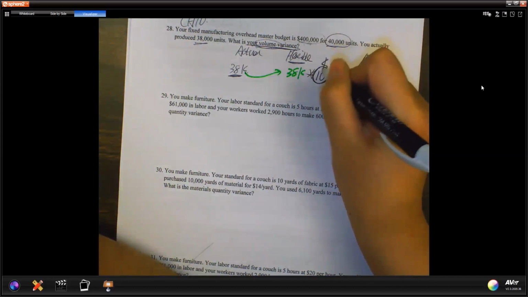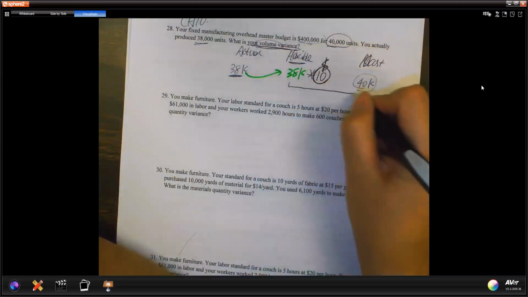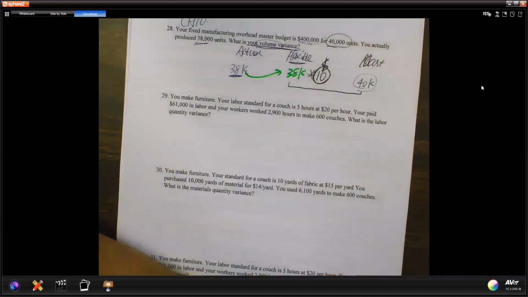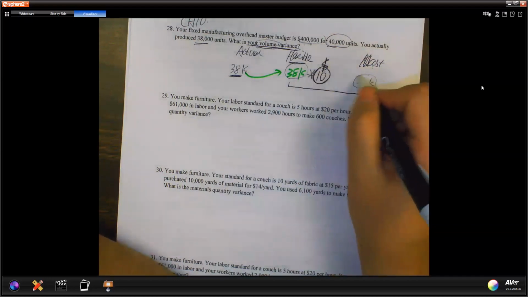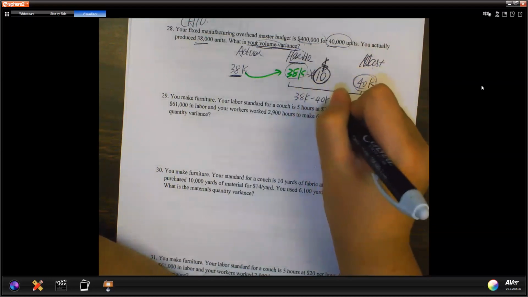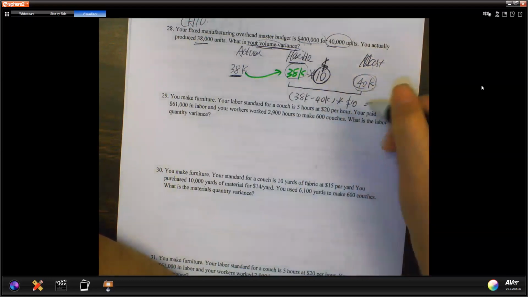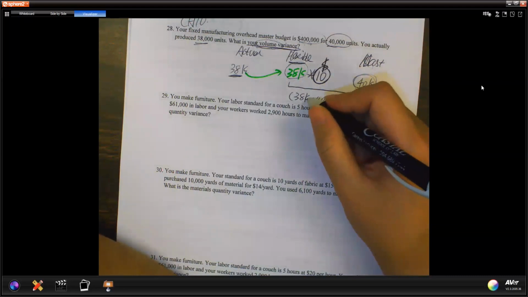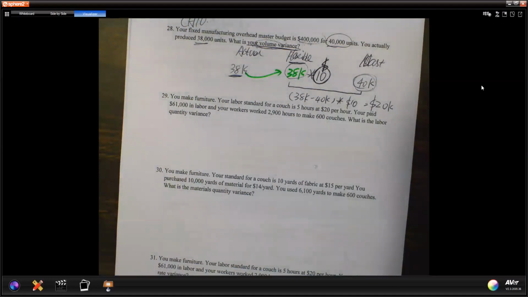So this is the price. Asking about your volume variance, it is the difference of the flexible budget and the master budget. So the unit difference is 38,000 minus 40,000, and then each one is $10. So that gives you $20,000 as the variance.